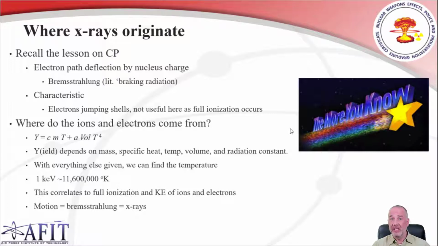So naturally, some of the electrons are going to come near the nuclei, have their paths bent around them, and produce these X-rays. And this correlates to full ionization. So once we have the temperatures high enough, everything's ionized, we start producing X-rays simply through the motion that they gain from this temperature.